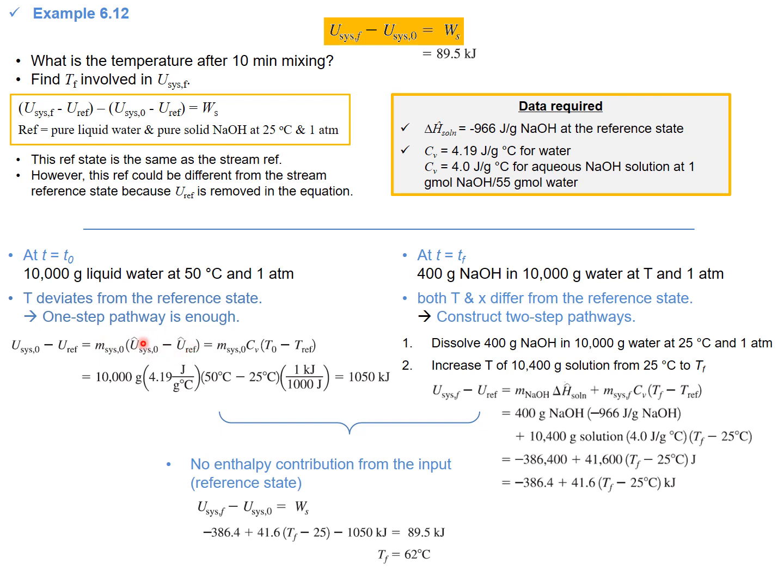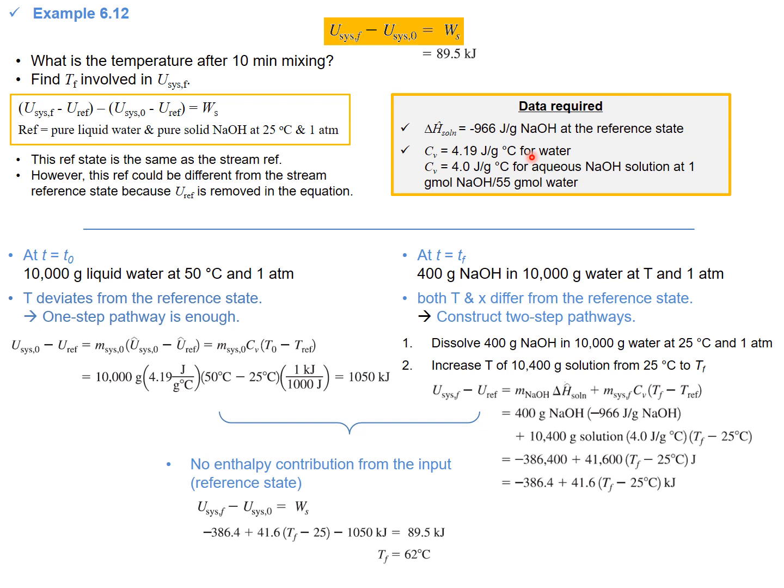And internal energy can be described by the product of constant volume heat capacity with the temperature difference. So like that. And T0 for the initial state minus reference state temperature. So 50 Celsius degree minus 25 Celsius degree with the heat capacity. This heat capacity comes from the data given to you, like that.